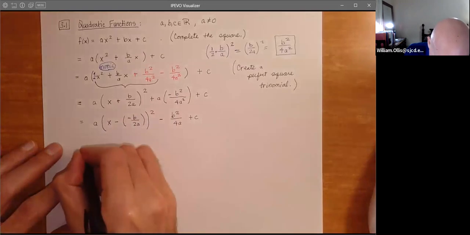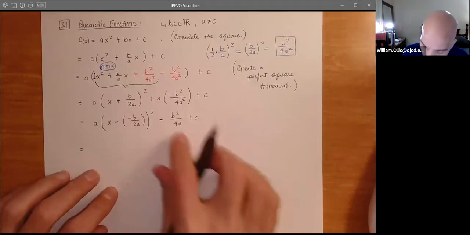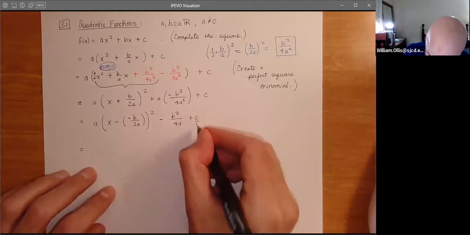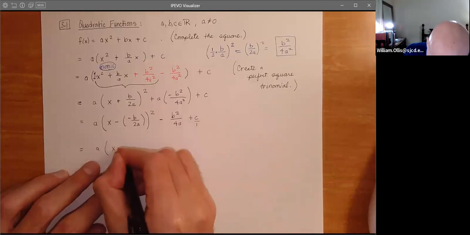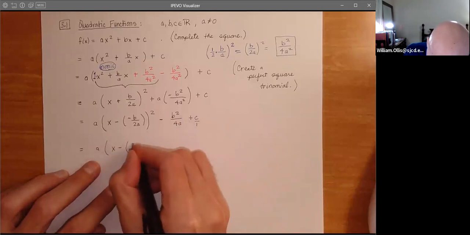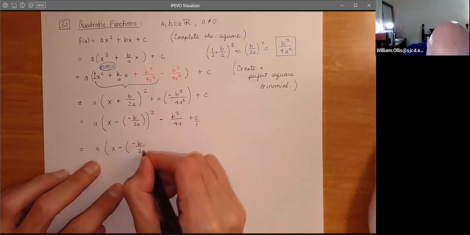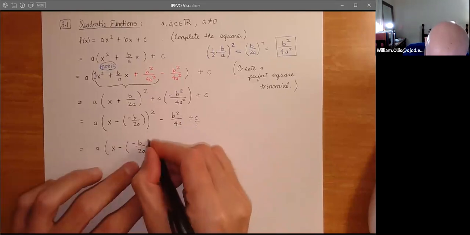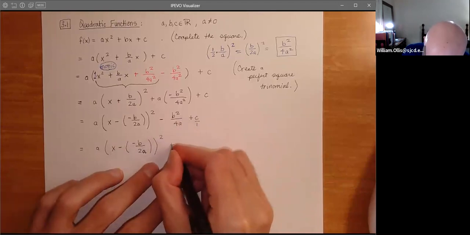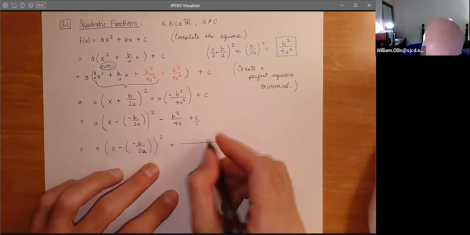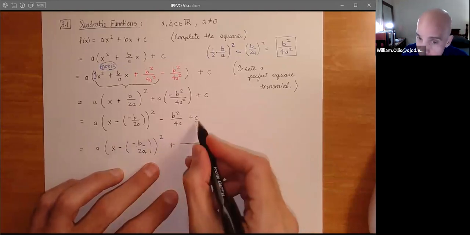Now at the very end, what we want to do is just get a common denominator for a. This is a 1 there. So we'll just do a common denominator of 4a, and we'll write the c term first.